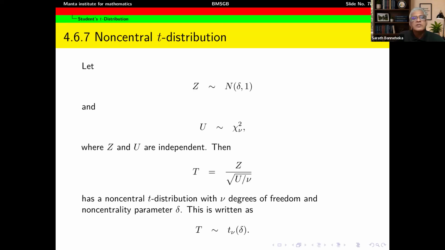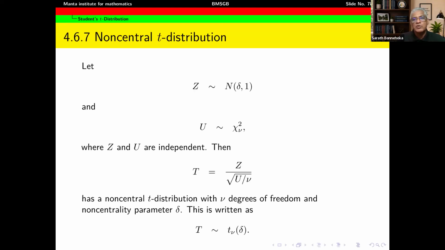How does a non-central T arise? We know usually a central T arises as a ratio of a standard normal and a chi-square when they are independent. But the non-central T arises from a random variable, still denoted by Z, but now not a standard normal, where Z has a normal distribution with some non-zero mean delta.